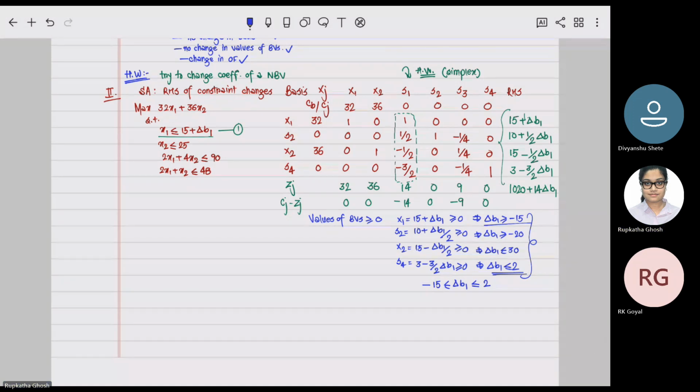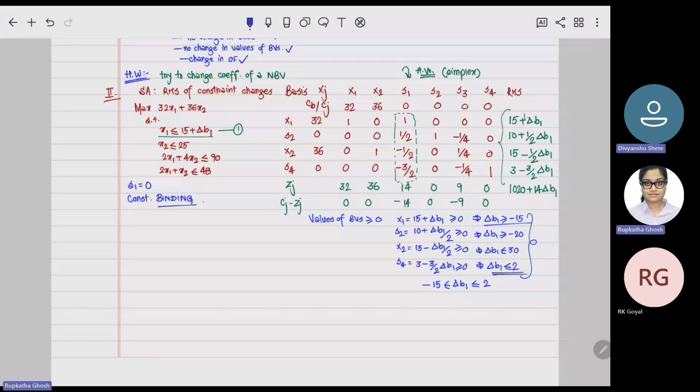So your S1 was a non-basic variable or a basic variable? First tell me. S1 was a non-basic variable. That means S1 value was 0, which means your first constraint was binding.